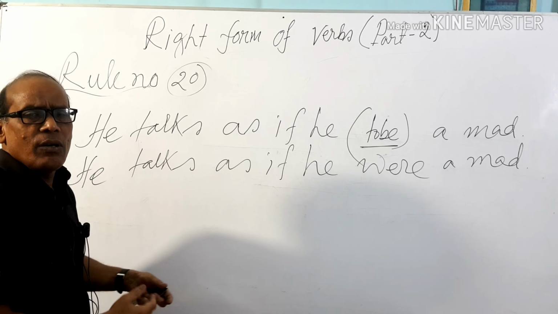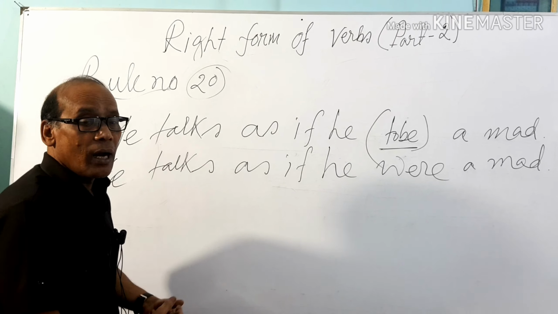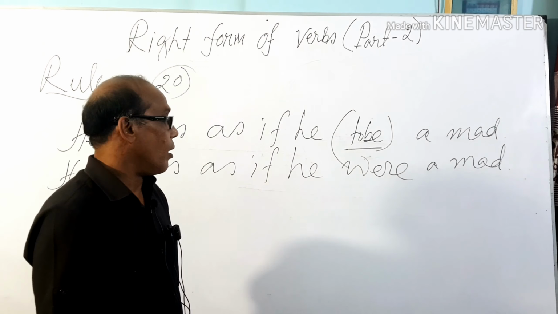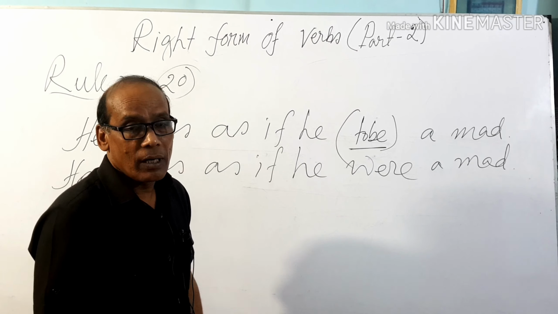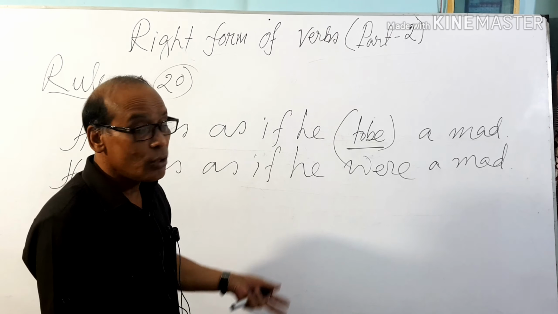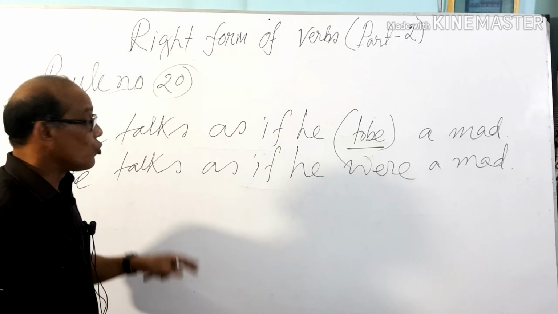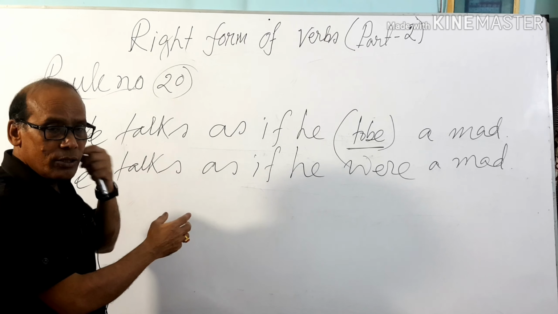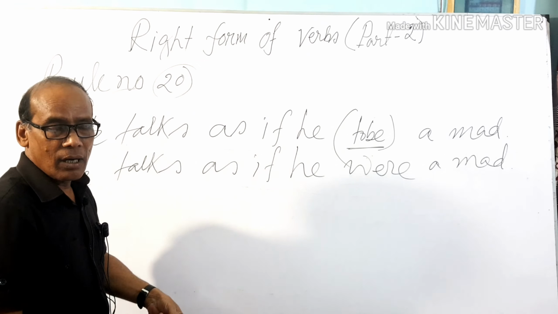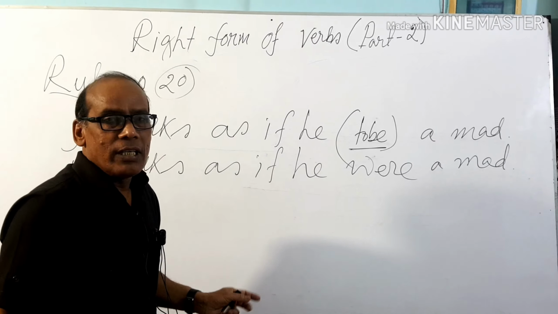He talks as if he were son of a minister. He talks as if he were a businessman. Actually, he is not a businessman. He is not a son of a minister. Actually, he is not mad. But now his activities, his talks indicate some madness in him. But actually, he is not mad.